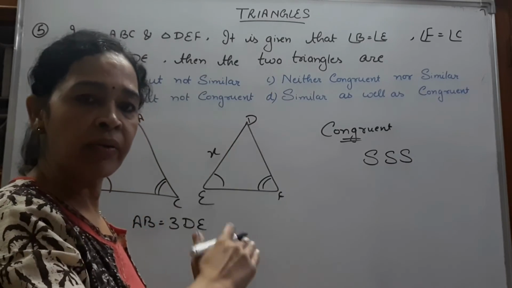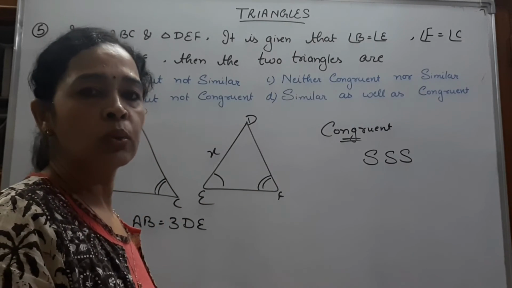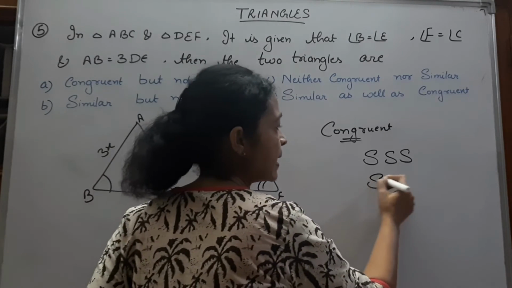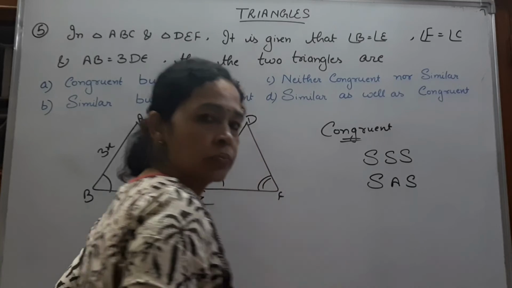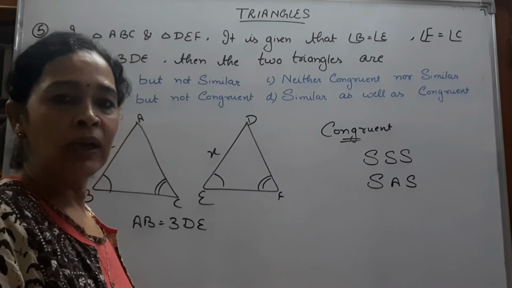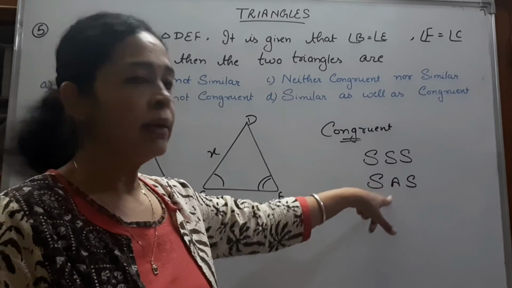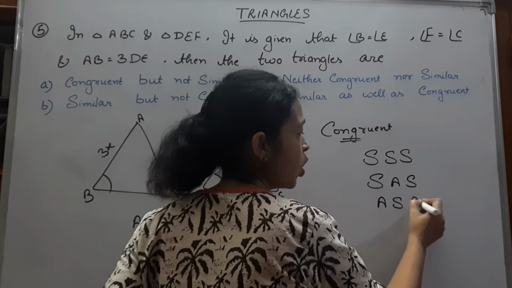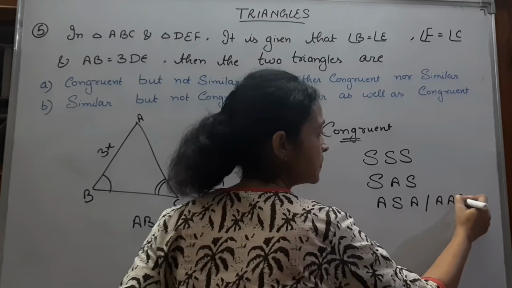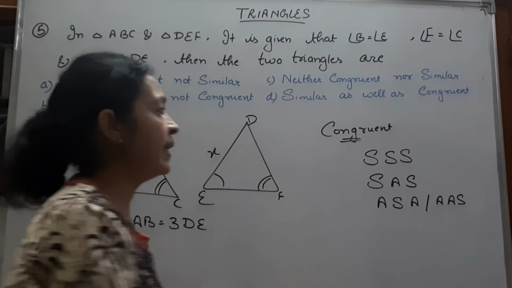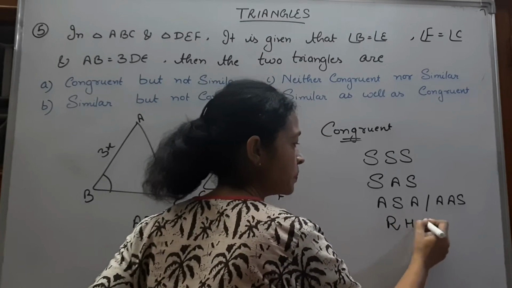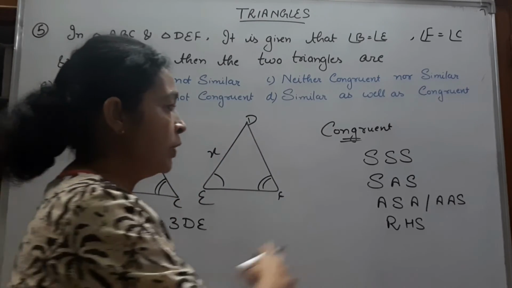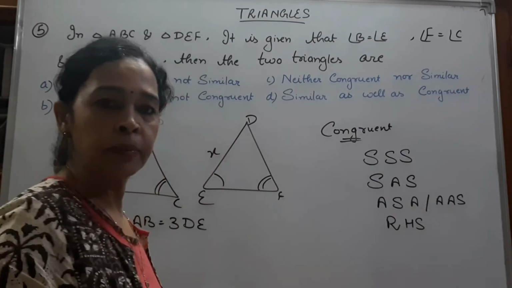All three sides of one triangle must be equal to the three sides of another triangle, or SAS, two sides are equal and the angle between them is equal. Another one is ASA or AAS, and the fourth criteria is RHS. These are the four criteria for congruence. We don't have any criteria AAA.